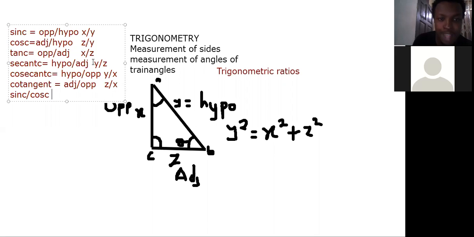Sine C is x all over y. Let me put them into brackets so that we appreciate it. Cos C is z all over y, right?